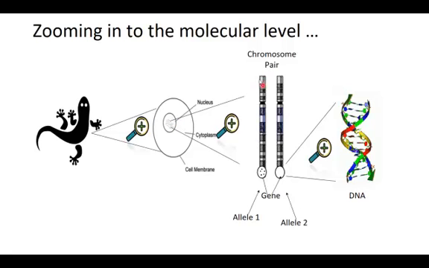If you zoom in even further, inside that nucleus there are pairs of chromosomes, and on those chromosomes are genes, and those genes might have different alleles, maybe a functional allele or a non-functional allele. And those chromosomes and those genes are made up of DNA.